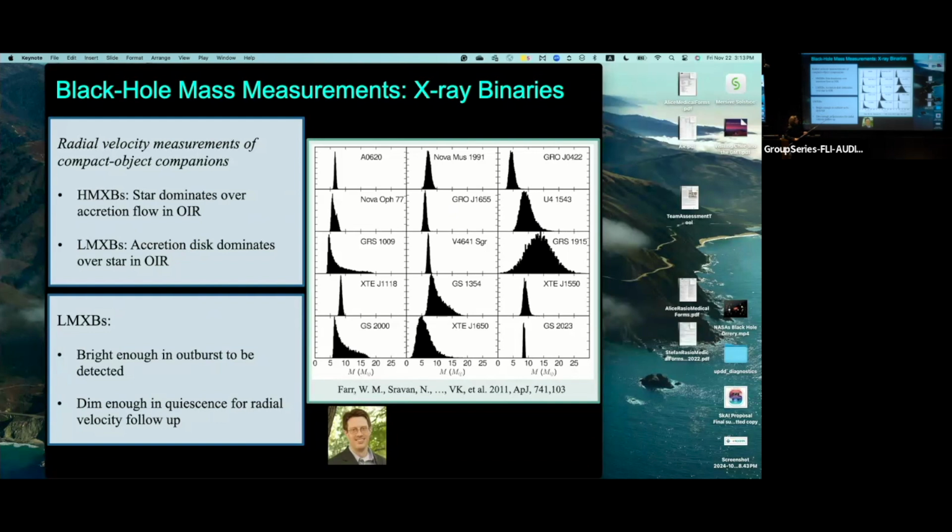If you do that, and if you're lucky enough that your X-ray binary not only gets discovered in outburst, but also does you the favor of going into quiescence during human lifetimes, then you can do this measurement. And people had done this for a number of X-ray binaries at the time.